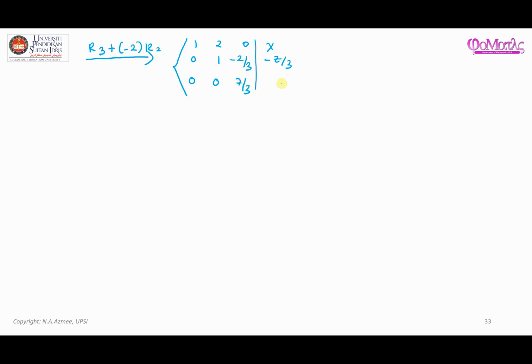And at this right hand side here, I shall have y plus x, and then I shall have negative 2 times negative z over 3, which means positive 2z over 3.